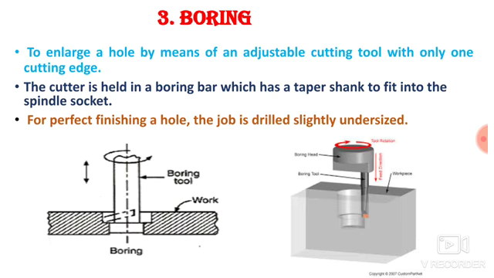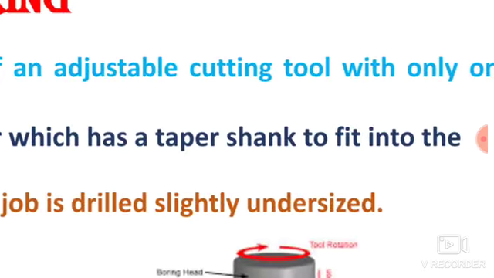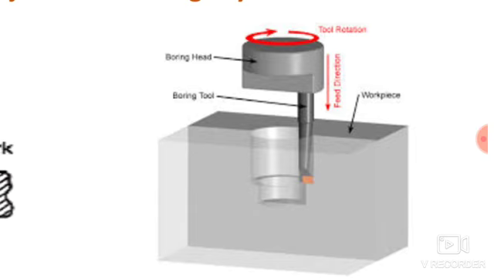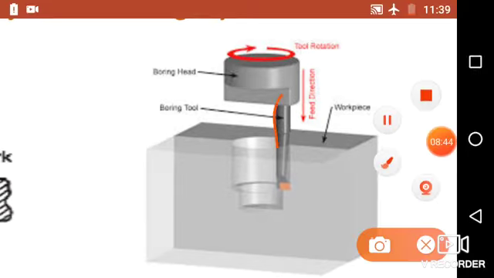The cutter is held in a boring bar which has a taper shank to fit into the spindle socket. So the cutting tool is held in a boring bar, and then it is rotated, and while rotating it removes the material from the inner surface of the hole. Here you can see the boring operation. This is the boring bar, the boring tool, and to this boring tool a single point cutting tool is attached.